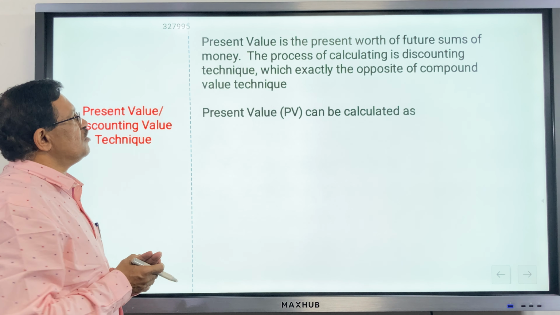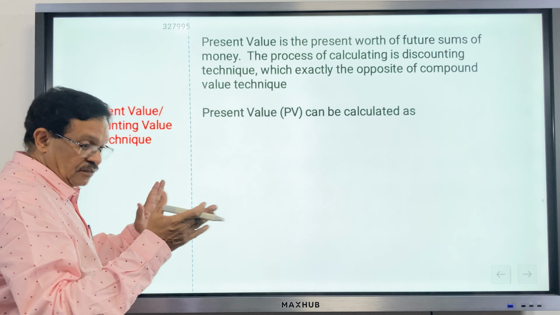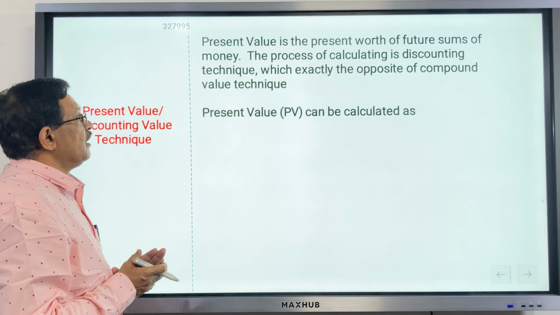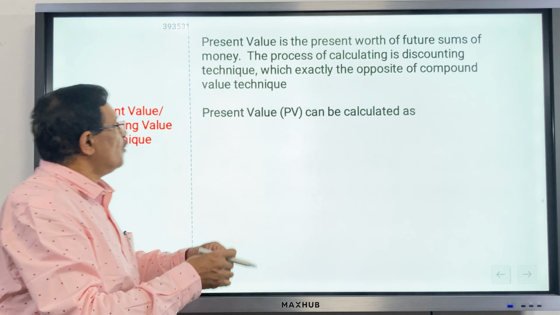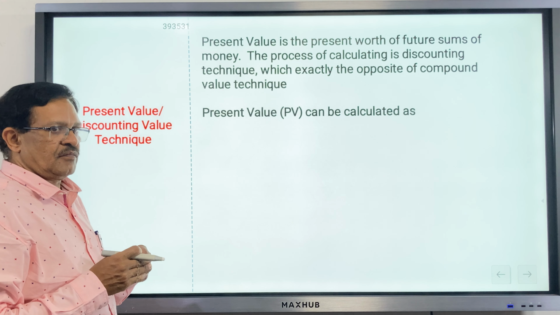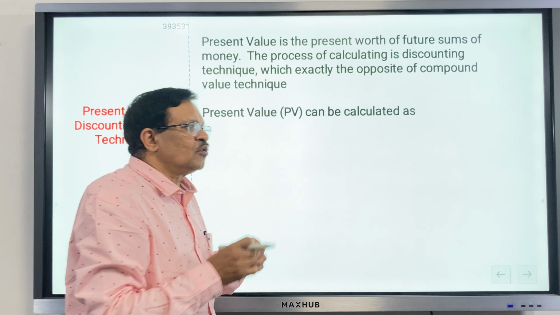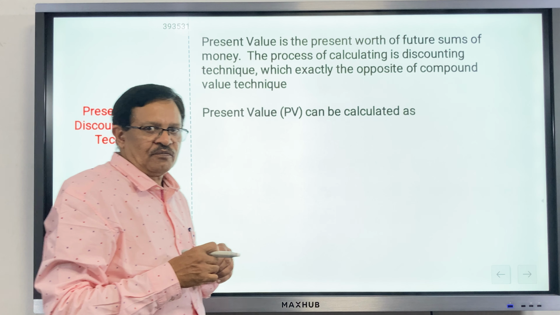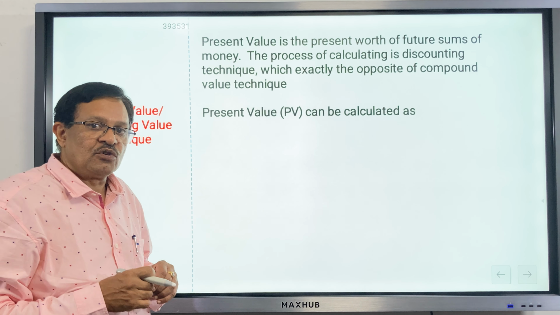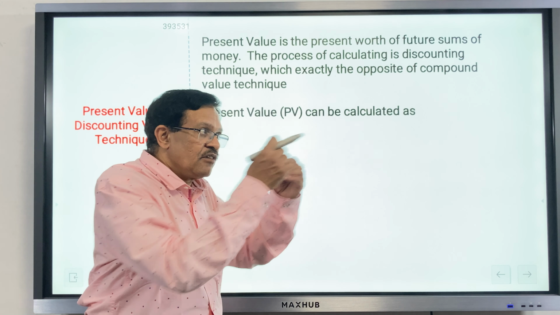Having understood the future value, and as I already said, because this concept is exactly opposite to the compounding technique, if you know how to calculate the future value given the present value, we can find out the present value given the future value.